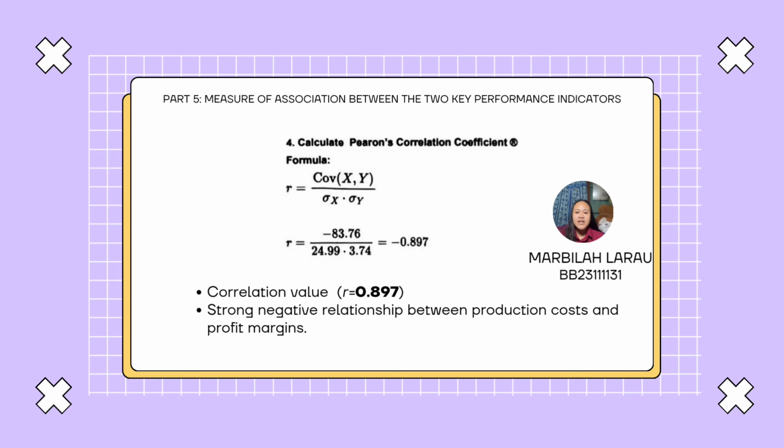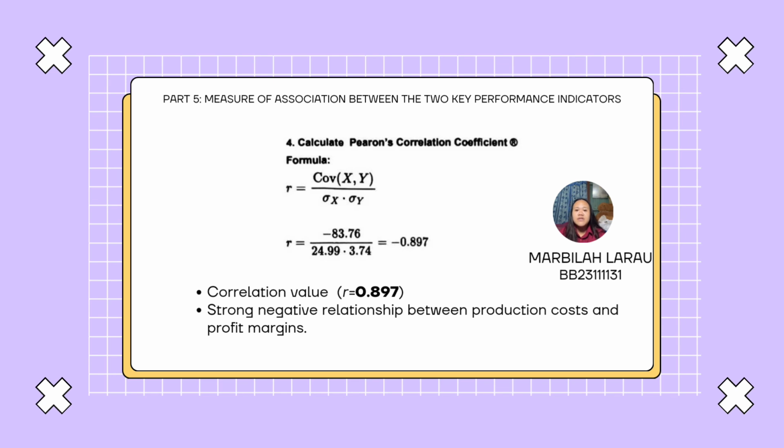For example, for company 1, the production cost deviation is negative 5.77, and the profit margin deviation is negative 1.42. The correlation value is equal to negative 0.897.